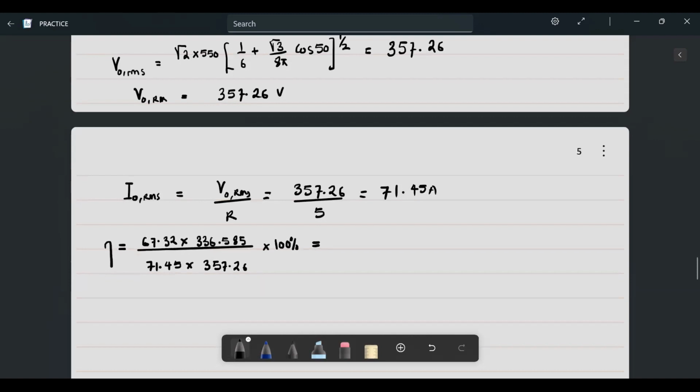Let's count that. 67.32 times 336.585, and then divide by 71.45 times 357.26. So I have a rectification efficiency of about 88.7%.